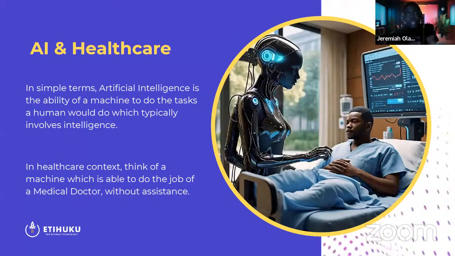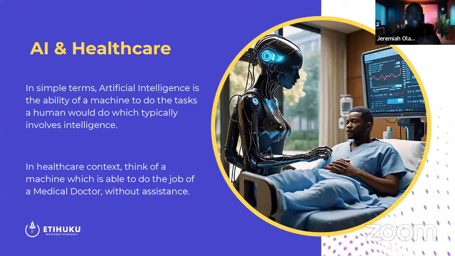Everyone is saying artificial intelligence, machine learning, it's going to take over the world. We're going to get into some apocalypse, and everyone is scared, some are excited, and all of that. But what exactly is artificial intelligence? In simple terms, artificial intelligence is the ability of a machine to do what would require a human being to use intelligence to do.